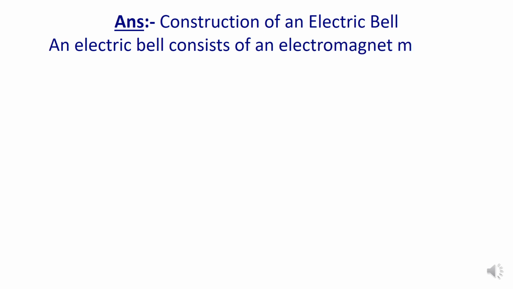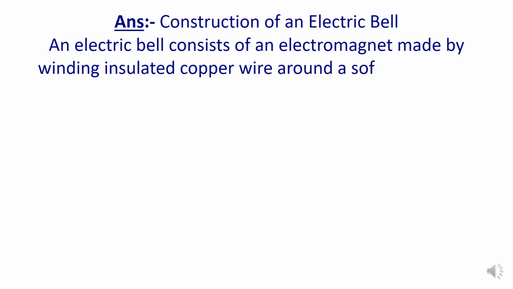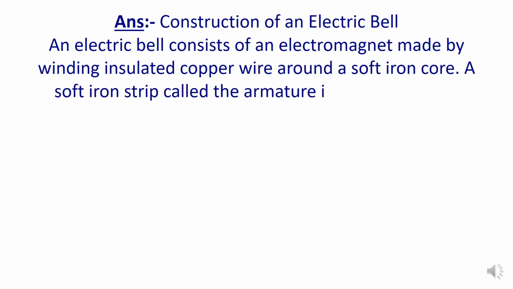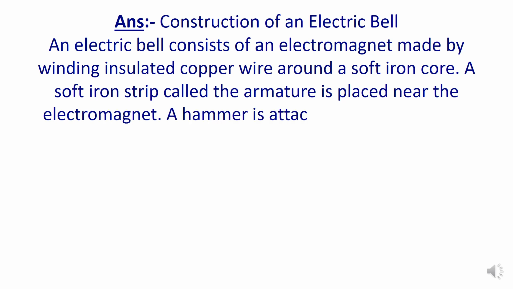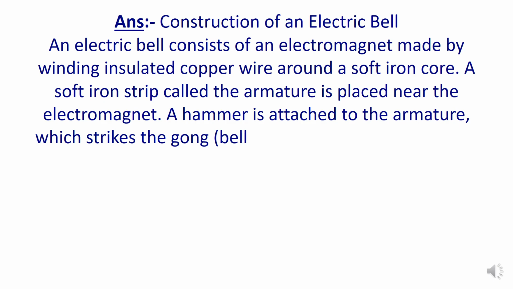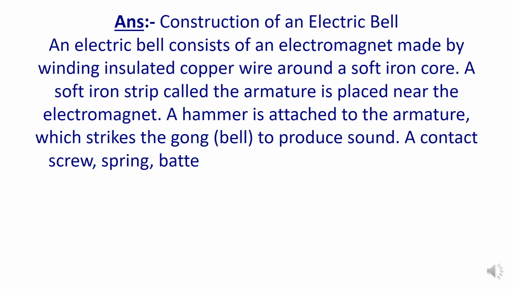An electric bell consists of an electromagnet made by winding insulated copper wire around a soft iron core. A soft iron strip called the armature is placed near the electromagnet. A hammer is attached to the armature which strikes the gong to produce sound.